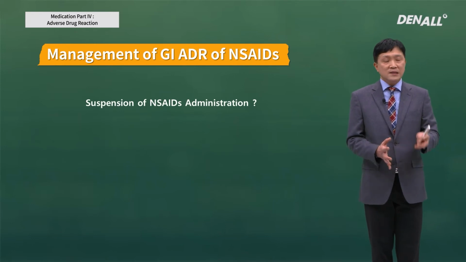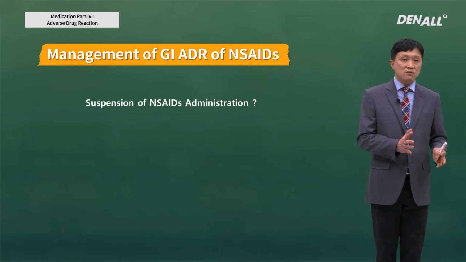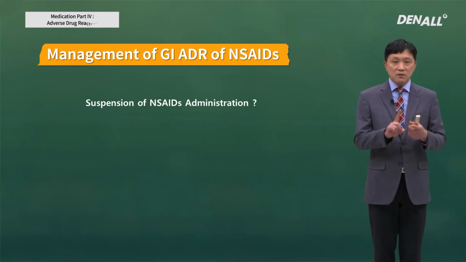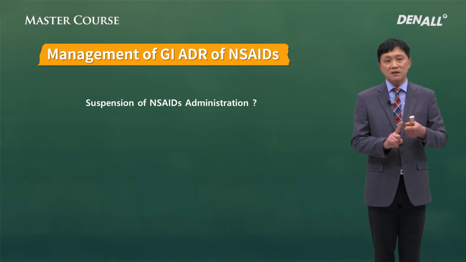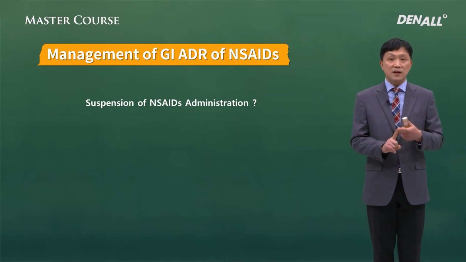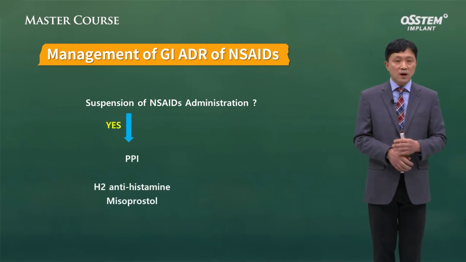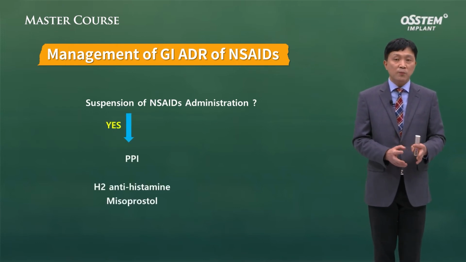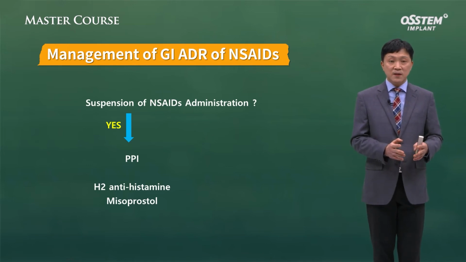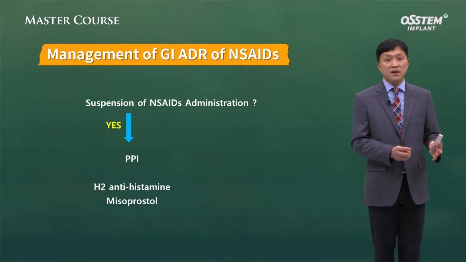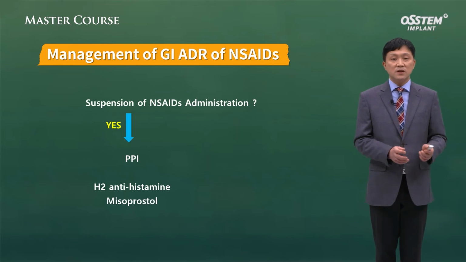If an NSAID causes an ADR, to manage it, we need to think about whether we can suspend the use of the NSAID. If the answer is yes, it should be suspended. Proton pump inhibitor, H2 antihistamine or misoprostol can be prescribed.